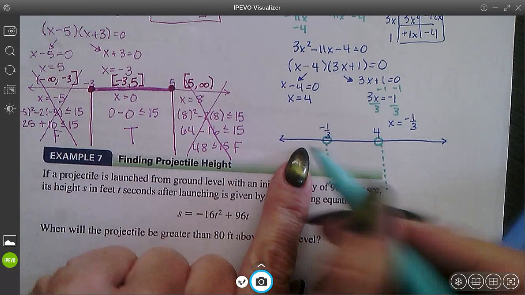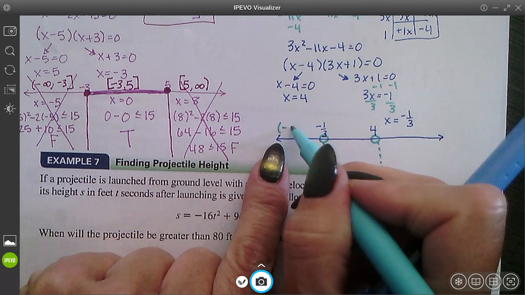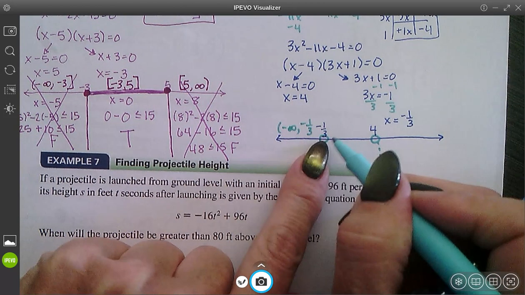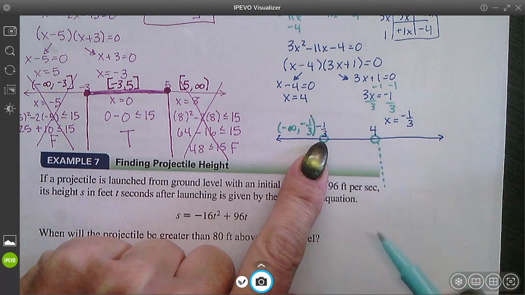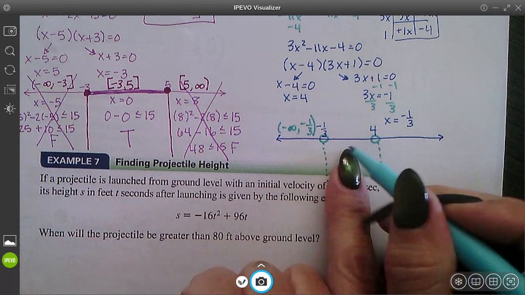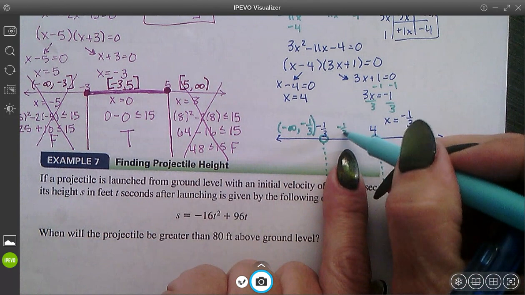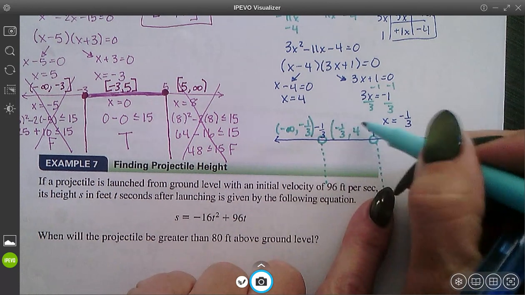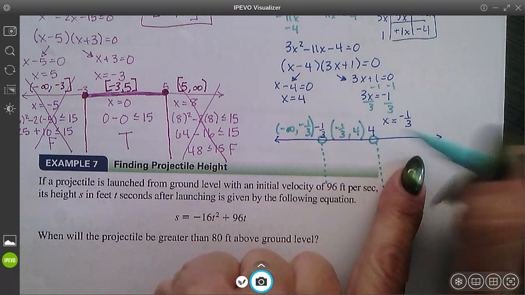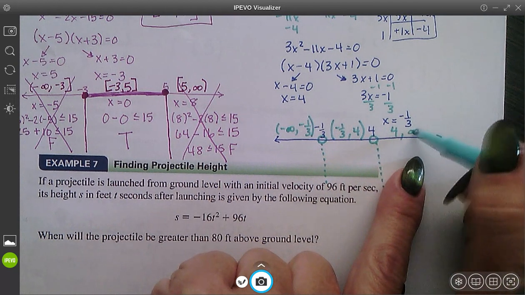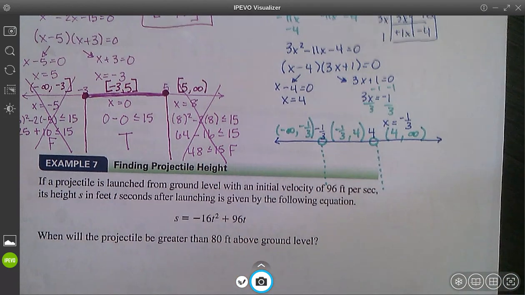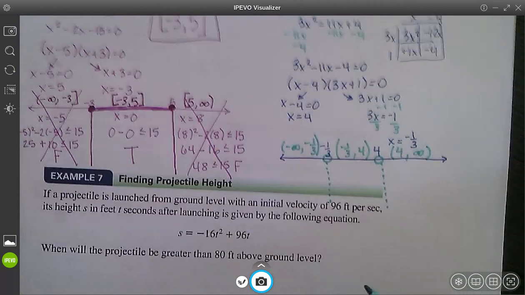This section on the left end is negative infinity, on the right end is negative 1/3. Because of the open circle, that has a parenthesis. The middle section starts at negative 1/3, ends at 4. Both are open, so parentheses. And then this section starts at 4, ends at infinity, open circle at 4, and infinity always has a parenthesis. So there are my sections.